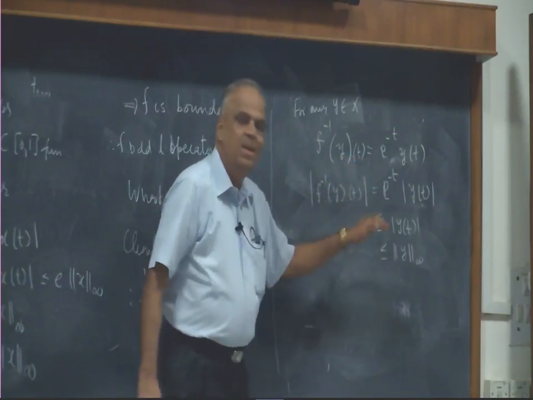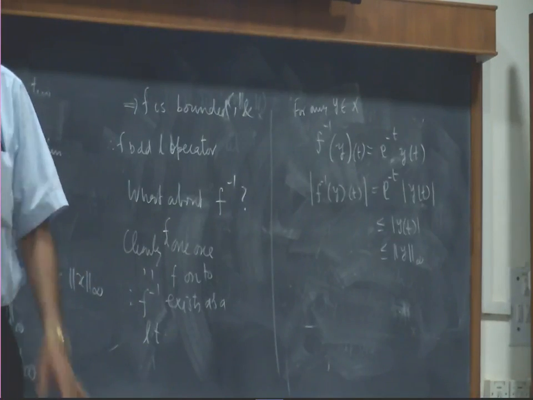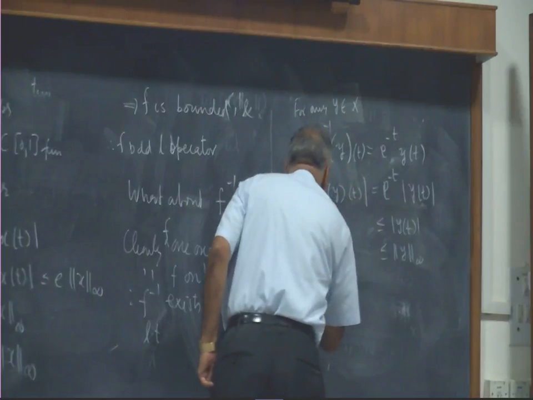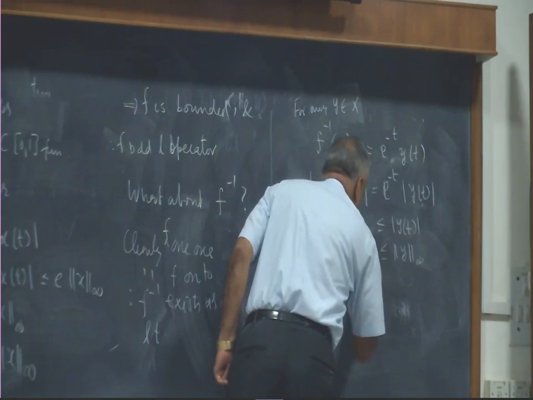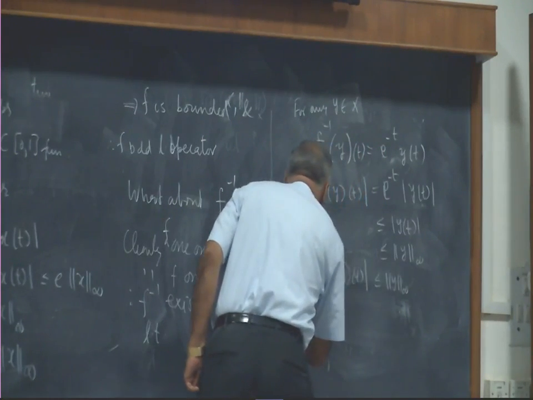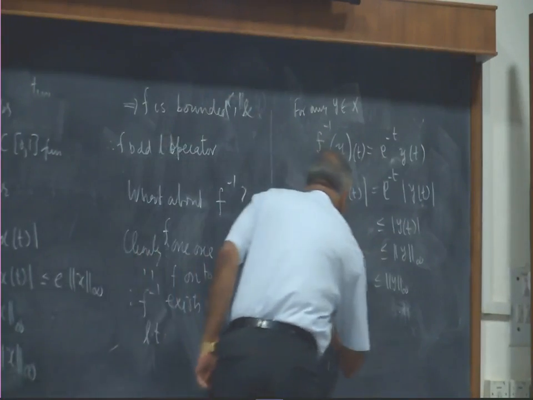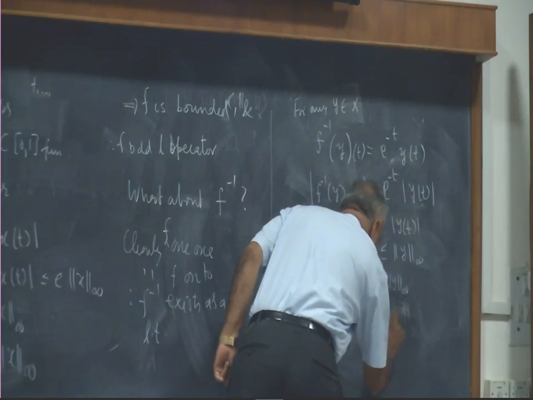So this function f inverse of y, at every point, is less than or equal to this constant. Therefore, the maximum of the modulus of f inverse of y at t is less than or equal to the norm of y in infinity norm, where the maximum is over t. But that is precisely the norm of f inverse of y.